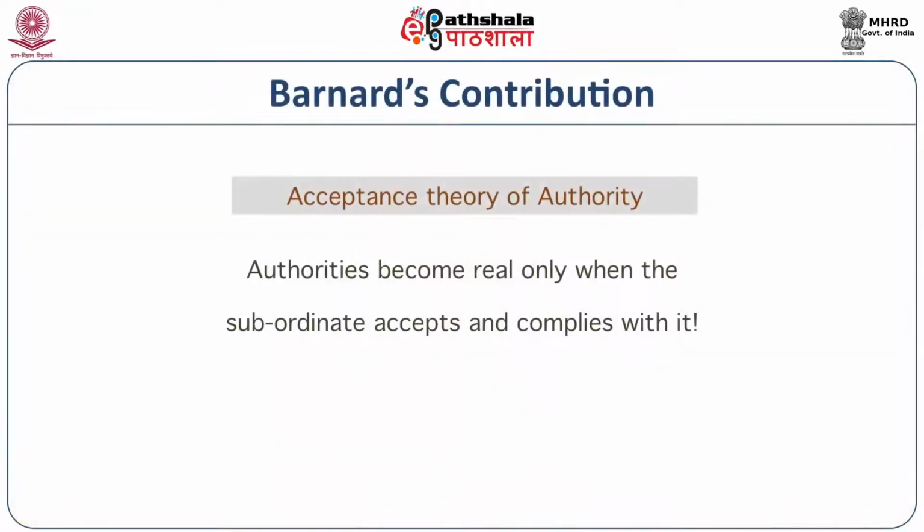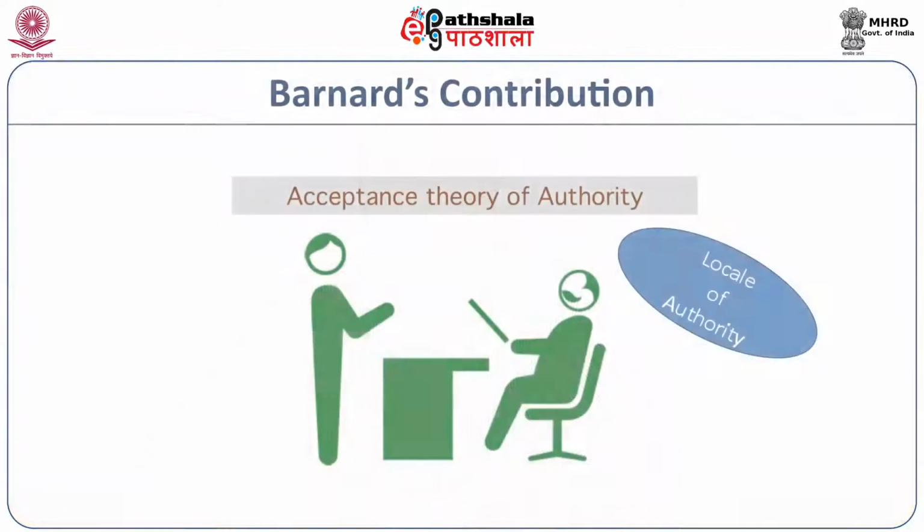Chester Barnard disputed this. Authority is not manifest just by somebody giving orders. Authority becomes real only when the subordinate accepts the order and complies with it. So Barnard says the locale of authority is not the boss but the subordinate.